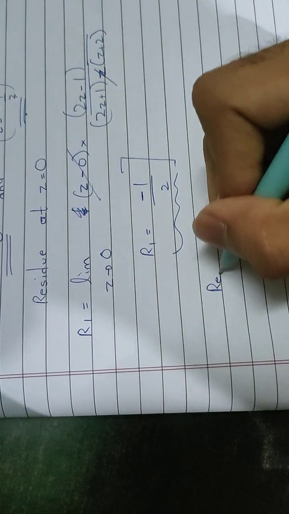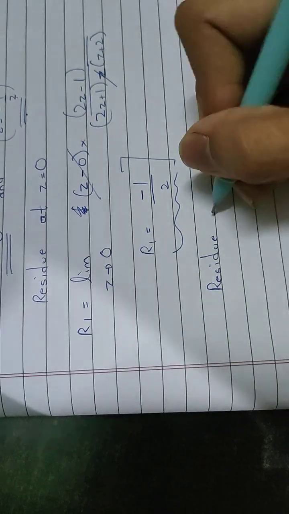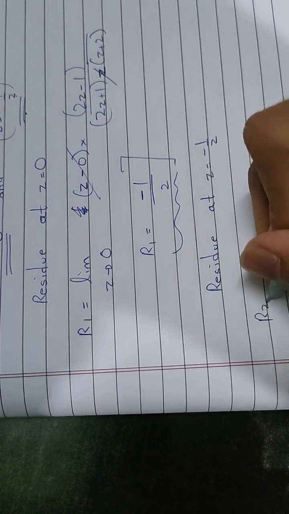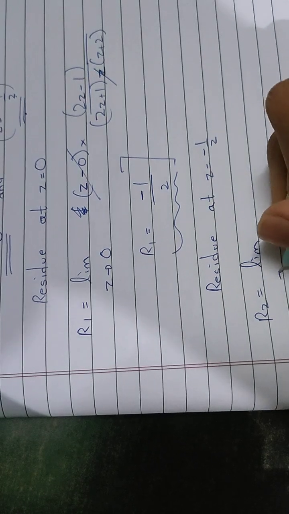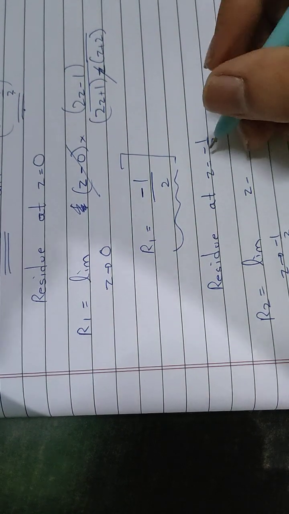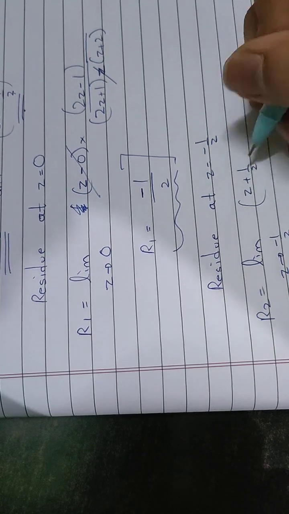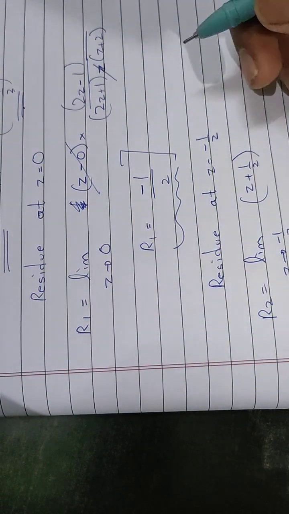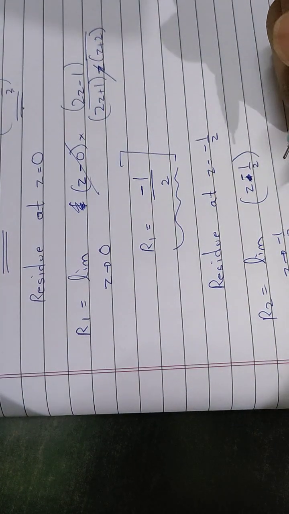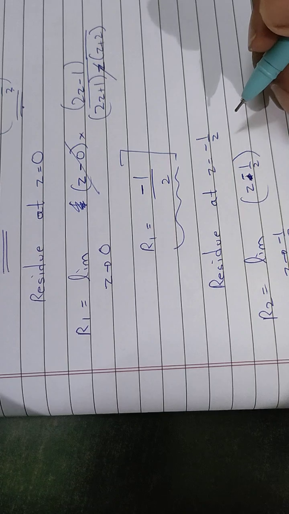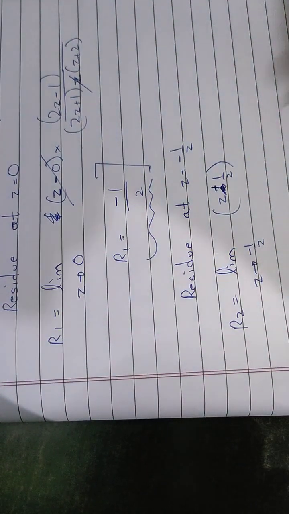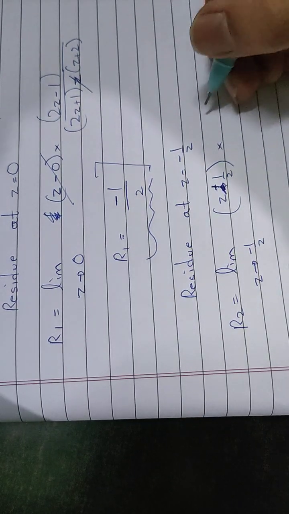Then for the next one, we find the residue at z equal to minus half. For that, our residue becomes limit z tending to minus half of z plus half into our function.